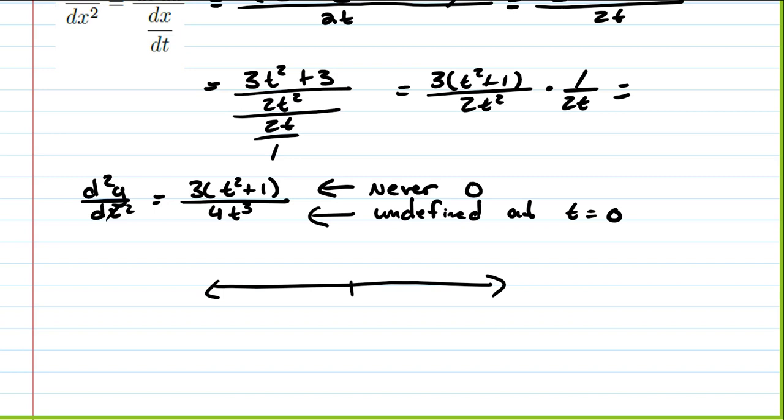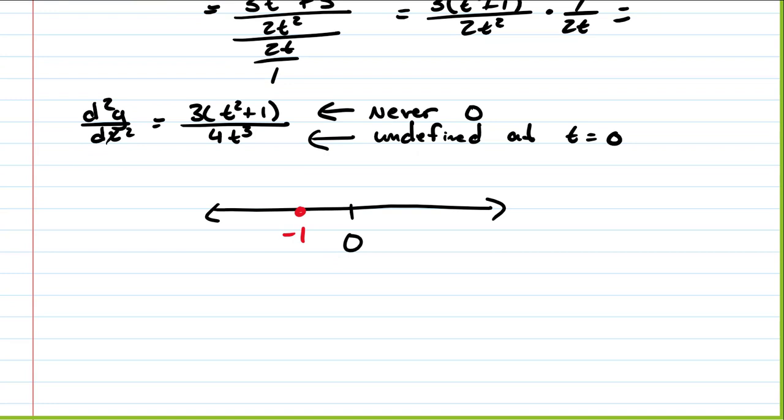So if we test t equals 0, we need to pick a sample point on either side of 0. So for no reason whatsoever, other than it's a simple number, let's pick negative 1. If I put negative 1 in, I get 3 times negative 1 squared plus 1 all over 4 times negative 1 cubed.